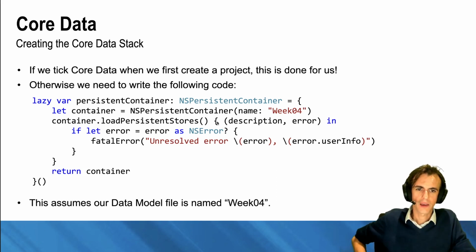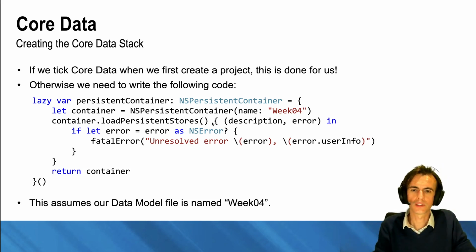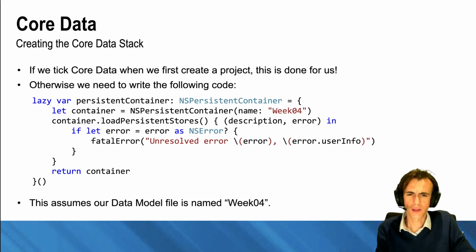we're passing to it a block here, and this block is basically a handler that gets called when it completes. It's a completion handler. It's going to load these persistent stores. It does that asynchronously, so it's not going to do it immediately.